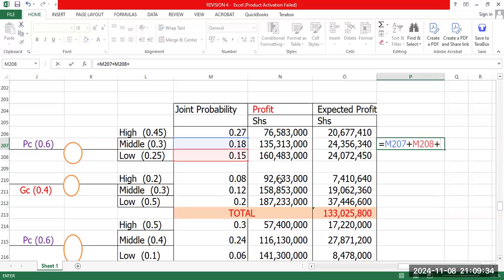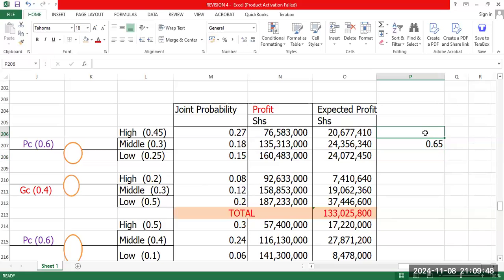Plus this is below 100 million, so I don't add. This is above, I add. Then plus this. Okay, so that is the maximum chance of finding our profit is at least 100 million for mobile banking.